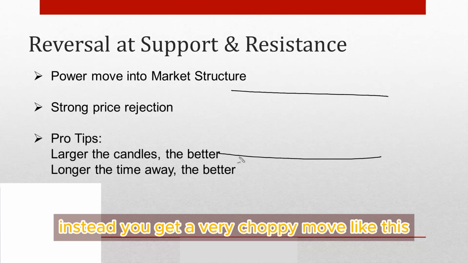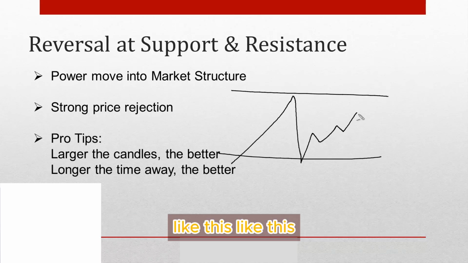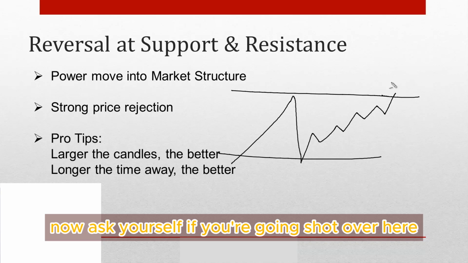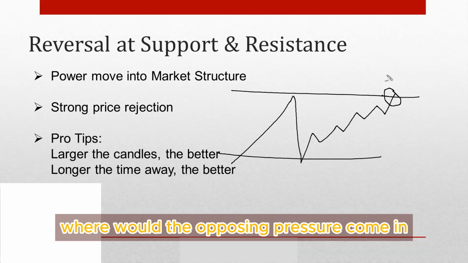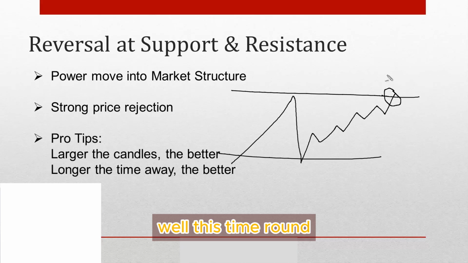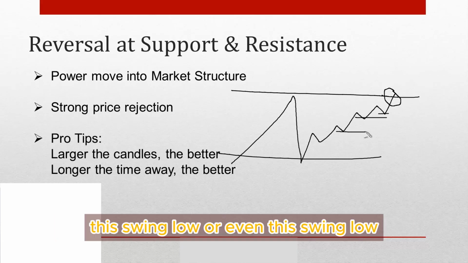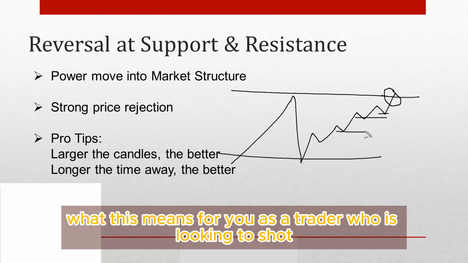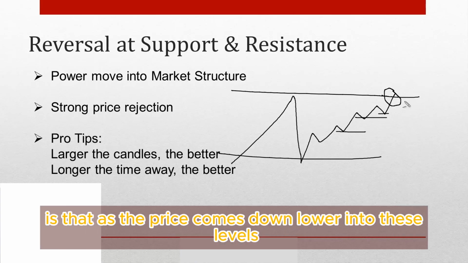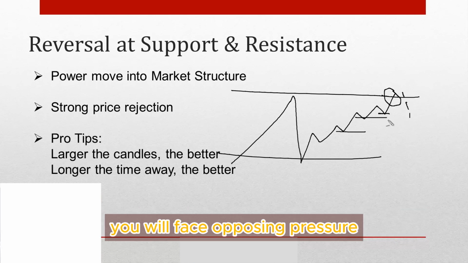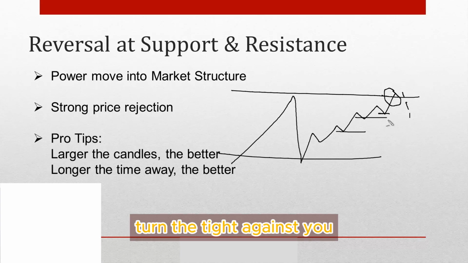However, in another instance, let's say you didn't get a power move, you didn't get a clean move, instead you get a very choppy move like this, like this, like this. Now ask yourself, if you're going short over here, where would the opposing pressure come in? Well, this time round, buyers could potentially be at this swing low, or even this swing low. What this means for you as a trader looking to short is that as the price comes down lower into these levels, you will face opposing pressure that could turn the tide against you.